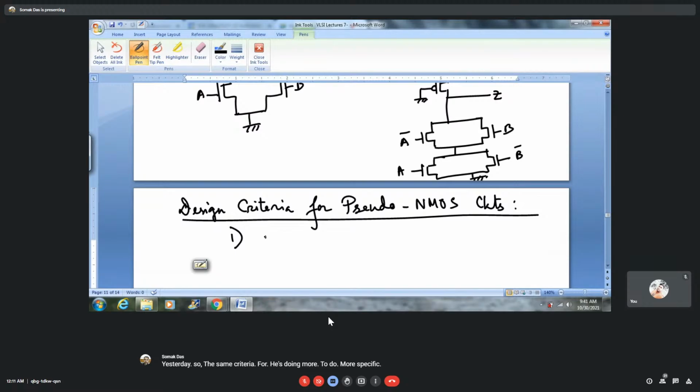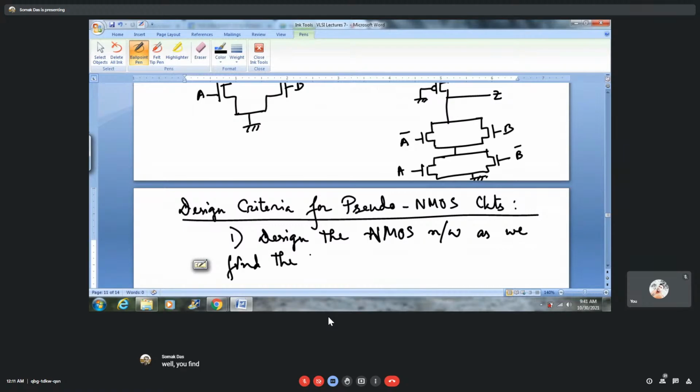Design the NMOS network as: find the Boolean expression below the inversion bar.